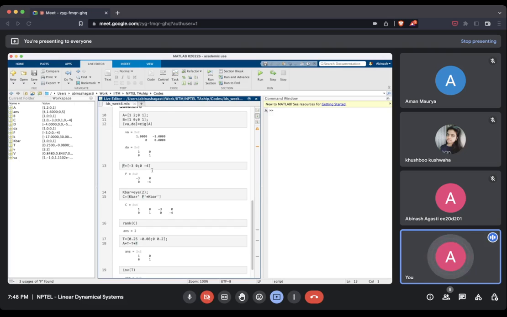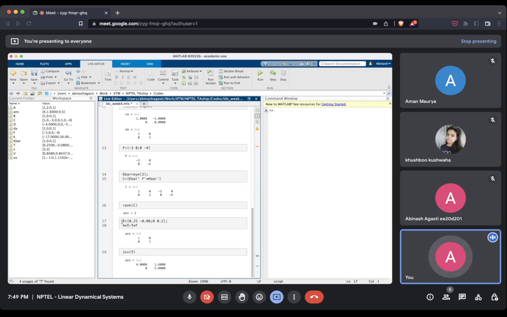So now we'll take an F matrix given by this, which contains the desired eigenvalues. Now I'll take my K bar as identity and check the controllability matrix of the pair F transpose and K bar transpose. Okay, so this is my controllability matrix, and clearly you can see that the rank of this controllability matrix is 2.